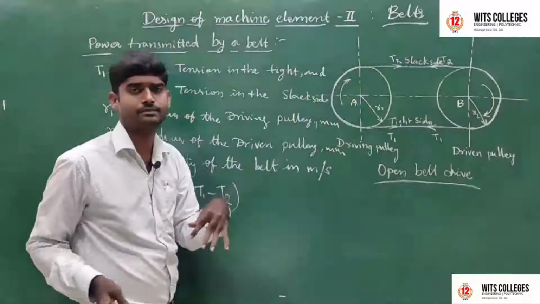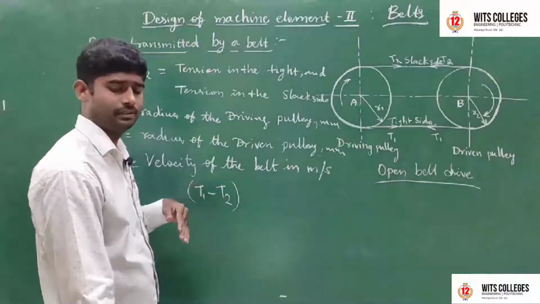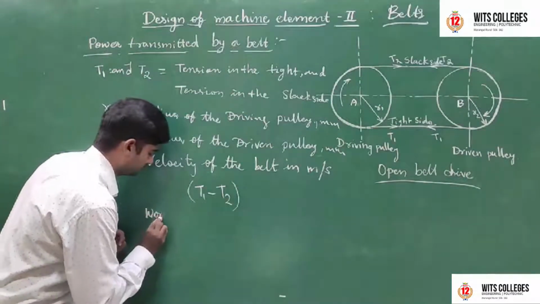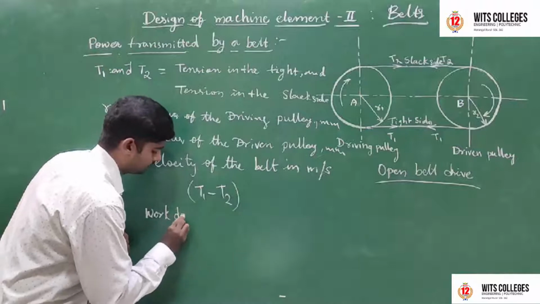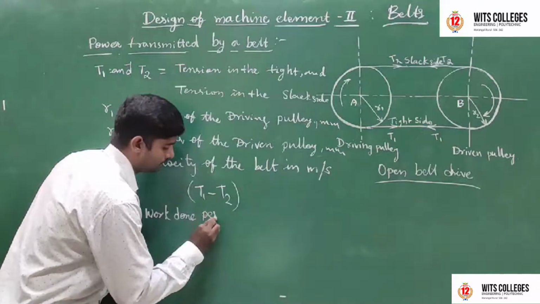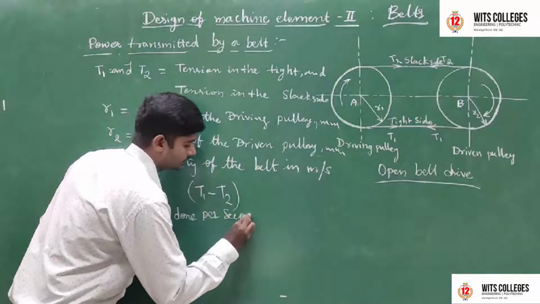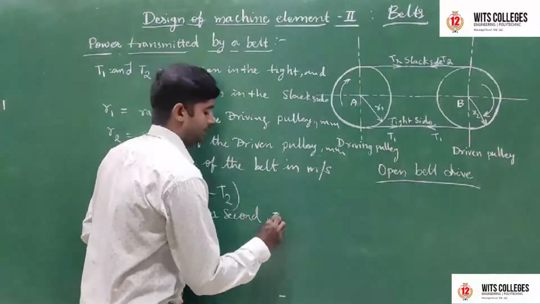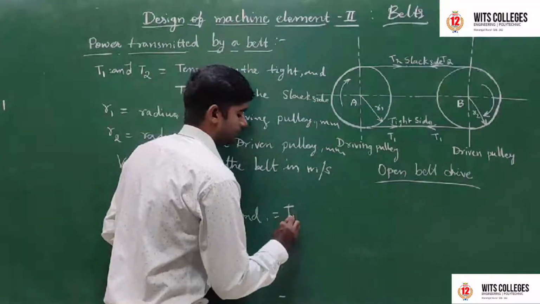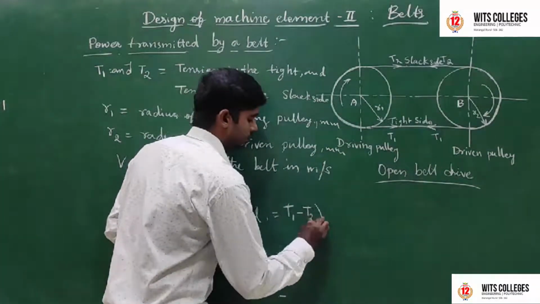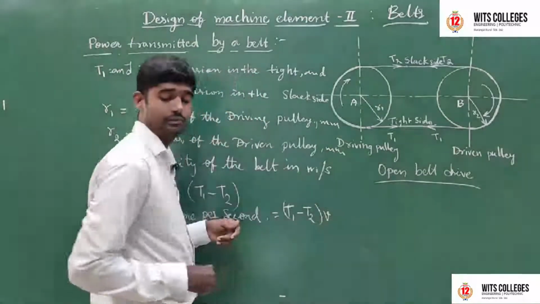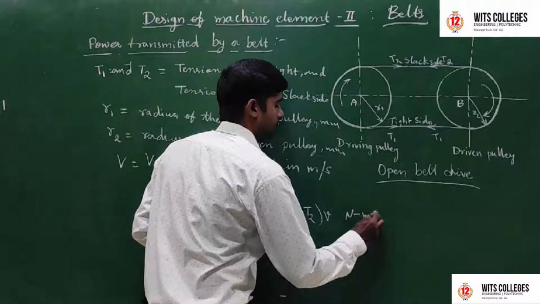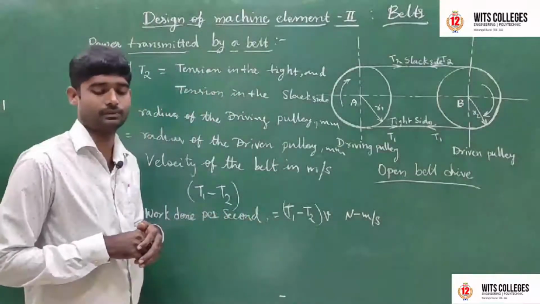Work done per second is equal to the difference between the two tensions into V, in newton meter per second.